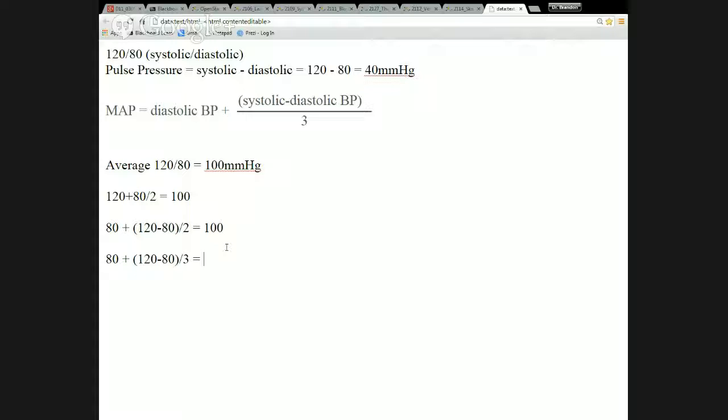It's actually, unless you're doing this on a calculator, you wouldn't get it exactly. It's 93 point, repeating 3s. Yeah. But so mean arterial pressure, based on the blood pressure measurement of 120/80, would be 93.3.